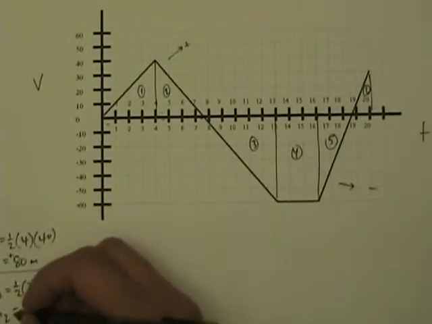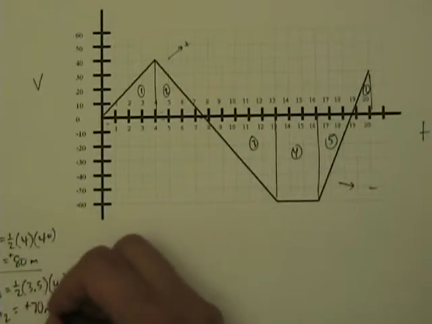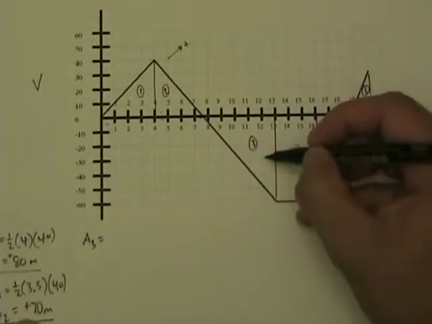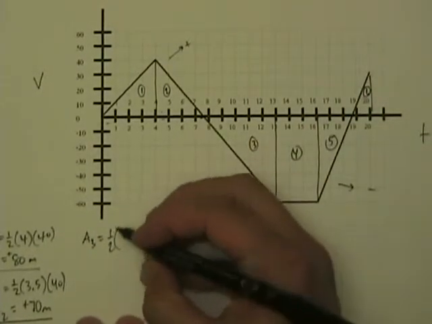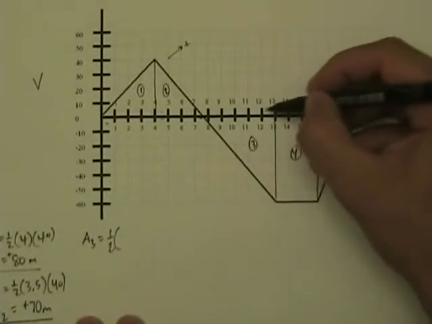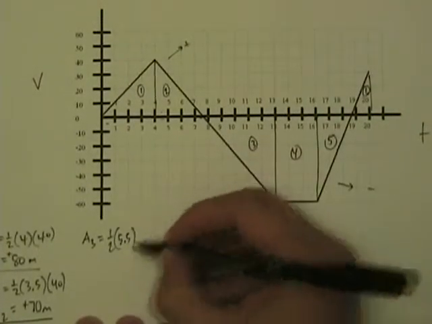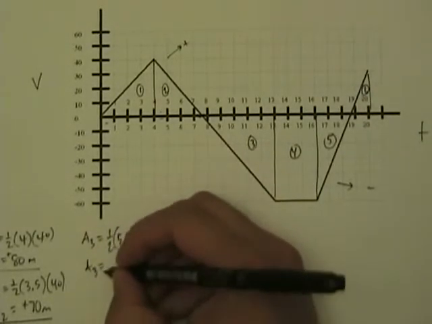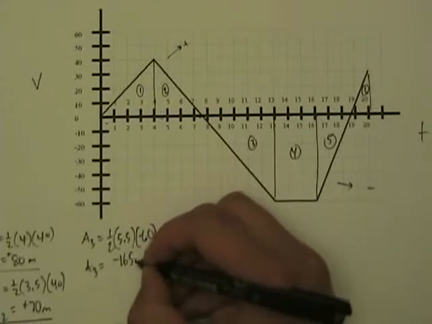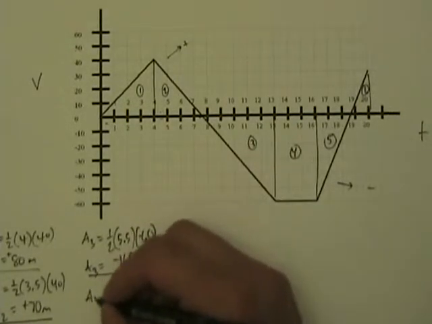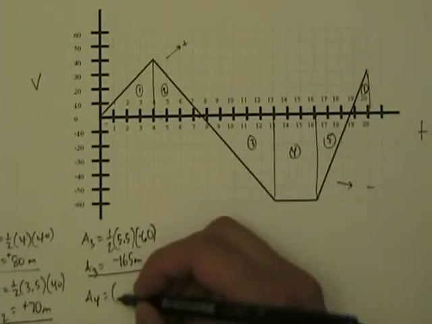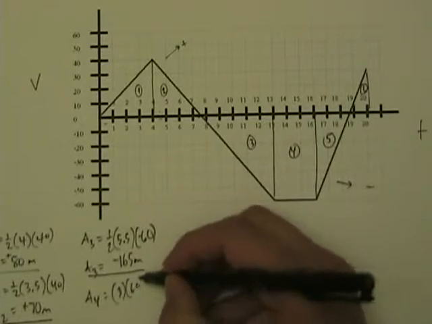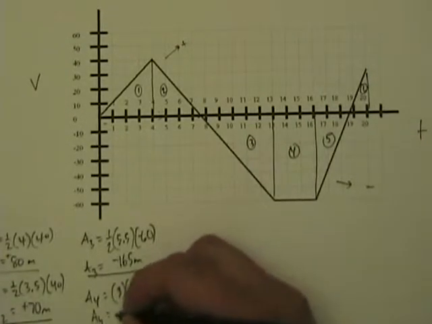So area 2 ends up being positive 70 meters. Area 3 down here is another triangle, 1/2 of your base, 1, 2, 3, 4, 5.5, and my height minus 60. So area 3 ends up being minus 165 meters. Area 4, rectangle, so that's just base times height, so that's 1, 2, 3 times 60. So that's minus 180.